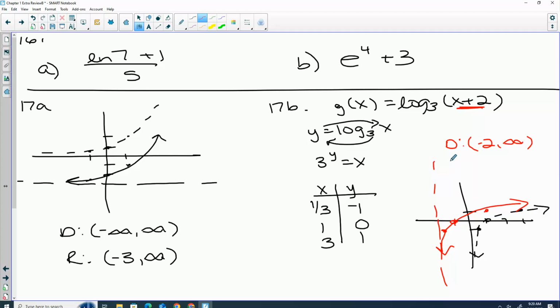And the range? All right. 18. A is 2, B is 10, C is 7. Any questions there?